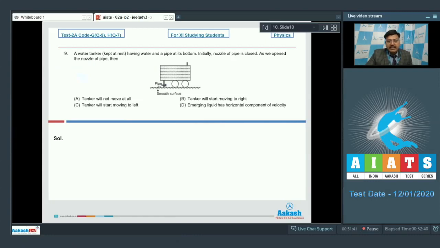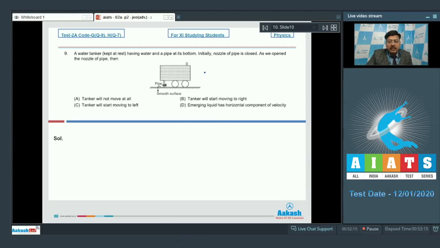Now what will happen as this nozzle is opened: the liquid will rush from right to left to come out of this, because as per the geometry given, the liquid is going to rush from right to left. And if that is the case, the moving liquid has momentum towards the left, which will impart momentum to the tanker towards the right, so that the horizontal momentum remains 0.